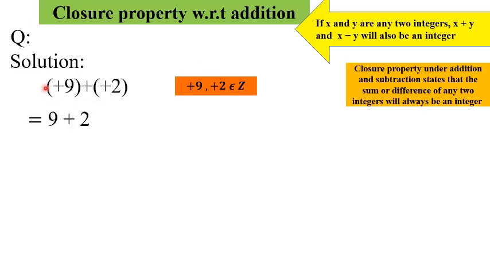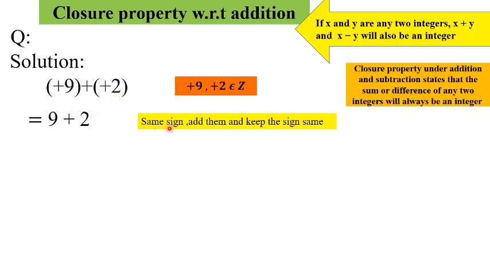Now when we add both of these two, it becomes 9 plus 2, because plus and plus sign, when they multiply, it will remain plus. Now 9 and 2, both of these two are with which sign? Yes, they are with plus sign.